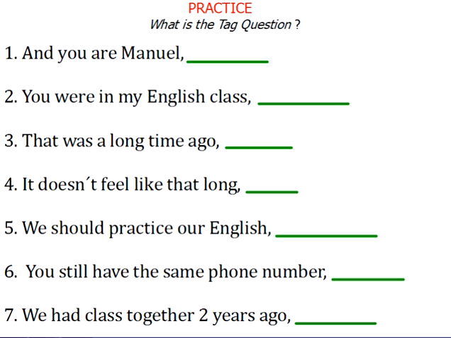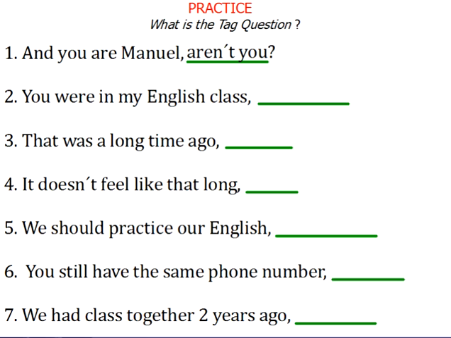Okay, so let's practice by trying to think of what the tag question is for each one of these affirmations. Remember, without a tag, this sentence is just a normal affirmation. It's not a question. But with our tag, we make it a question. Let's look at this. First, number 1. And you are Manuel. The tag is, aren't you?